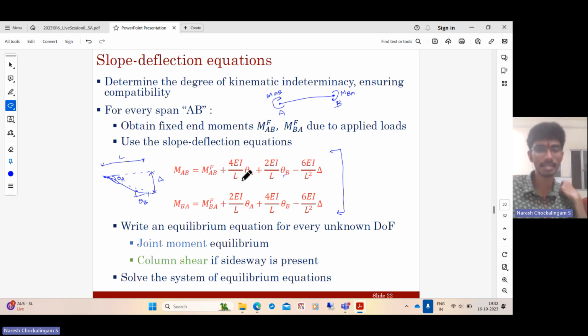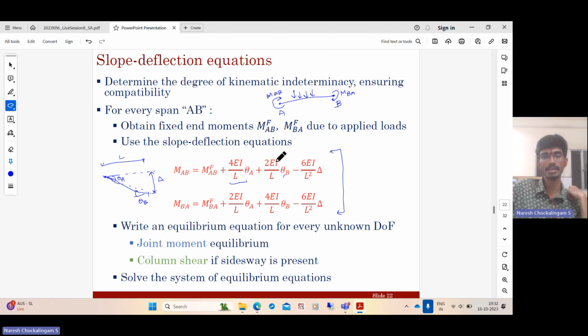So you have 4EI by L theta A plus 2EI by L theta B minus 6EI by L square delta, plus, if the beam is subjected to certain applied forces, the span loading, that will also have an effect. This basically arises by the superposition principle. Initially, we assume that the ends are fixed and we see what the moment is. Then we allow a rotation of theta A, remove the loads, and we see what the moment is.